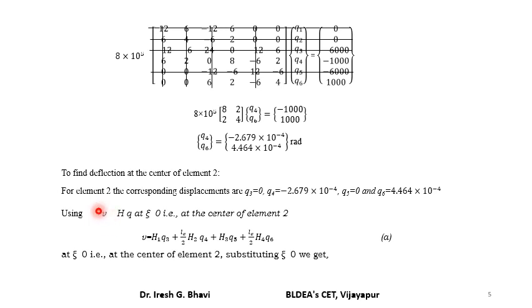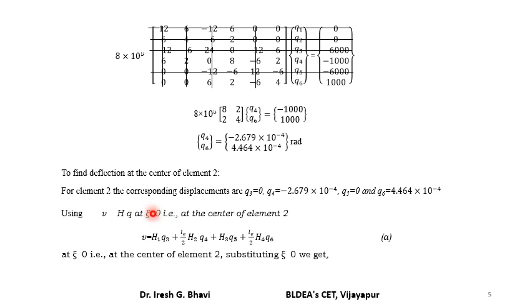Hence by using the field variable equation, that is v is equal to h into q, at the center of element 2, that is when zeta is equal to 0, because we know that the natural coordinate zeta is equal to minus 1 at its left node, plus 1 at its right node, and equal to 0 at its center.